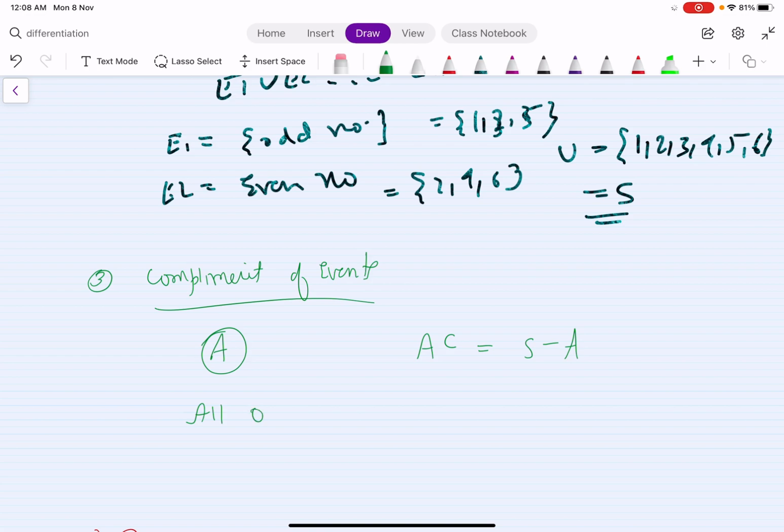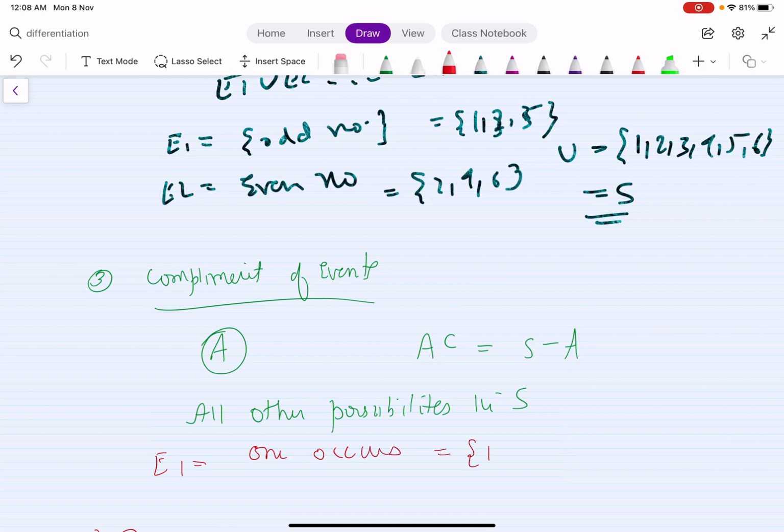All other possibilities in sample space. Okay. So for example, I define event E1 as 1 occurs.